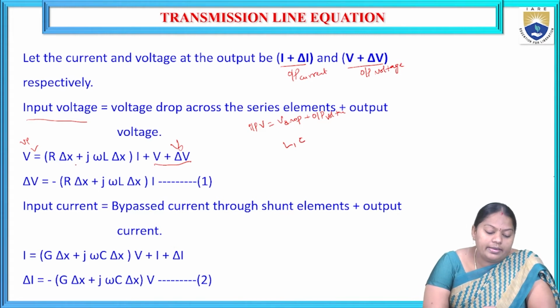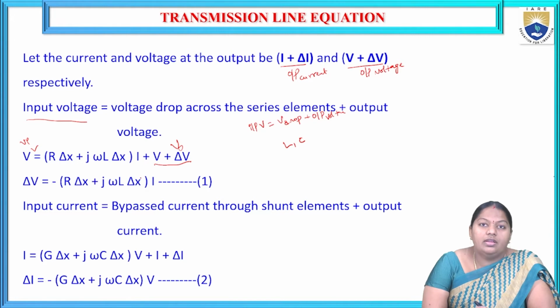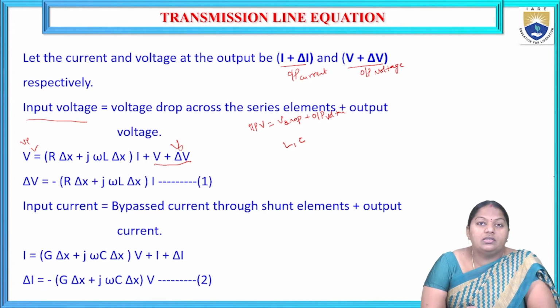Hence, R delta X plus j omega L into delta X, multiplied by I, plus V plus delta V. According to KVL, Kirchhoff's voltage law, the algebraic sum of the node voltages is the same, so the input voltage is equal to the voltage drop across the series elements plus the output voltage.